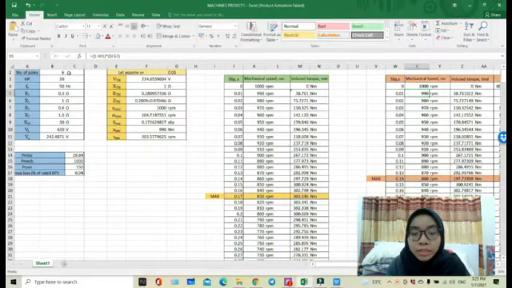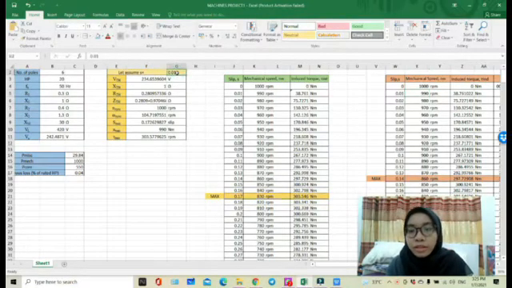Firstly, this is the table of our parameters and losses values, and then we create a table to calculate the values needed to plot our torque speed characteristic graph. We assume that S is equal to 0.01, and then we get the VTH value of 234.65 volt.